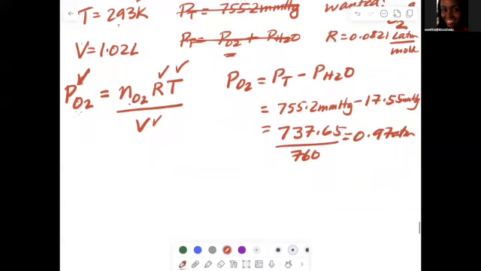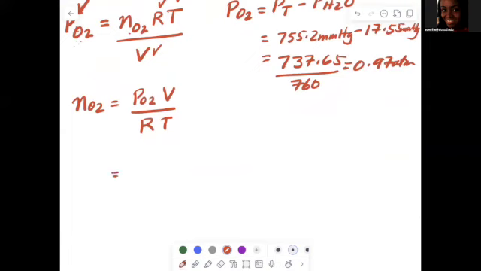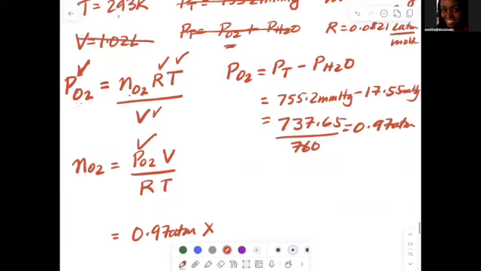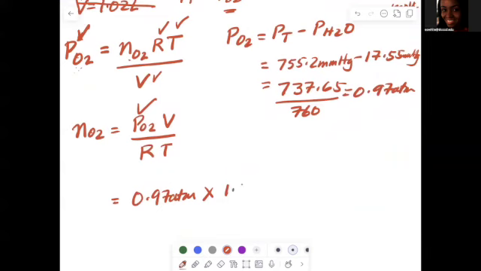So I probably need to rearrange this. The number of moles of oxygen is equal to pressure of oxygen times volume over RT. Pressure of oxygen will be 0.97 atm. That part is done. Volume is 1.02 liters. That part is done.